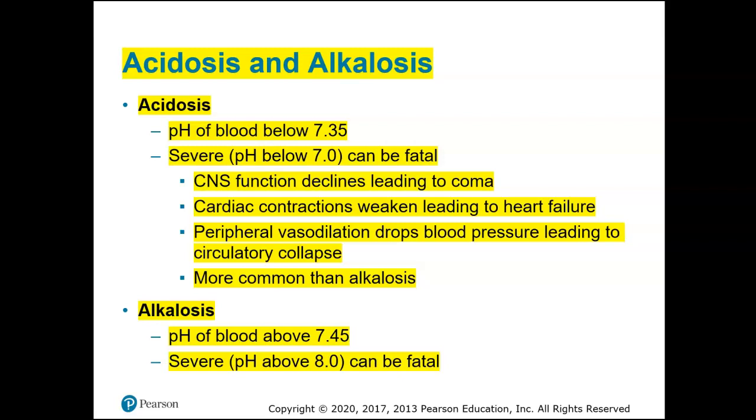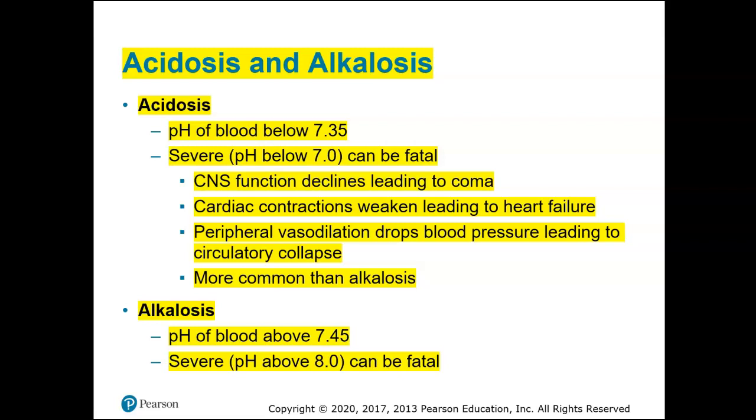They can also have weak cardiac contractions that lead to heart failure. They can have vasodilation that causes their blood pressure to drop, leading to the collapse of their circulatory system. Again, acidosis is more common than alkalosis. Alkalosis comes from the word alkaline, or basic, and that is when the pH of the blood is above 7.45.